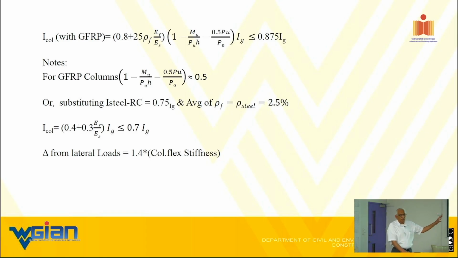This is an average. Typically we don't exceed 2.5 in steel. Once you exceed beyond 4%, you are going to get into the crowding of the bars in the formwork and inability to avoid honeycomb effects. And it's very important in columns, make sure that you don't have a honeycomb effect. It's important everywhere, but it's more important there. But anyway, my message is these are the kinds of I values or the stiffness factor values we are going to be using for the first order analysis.